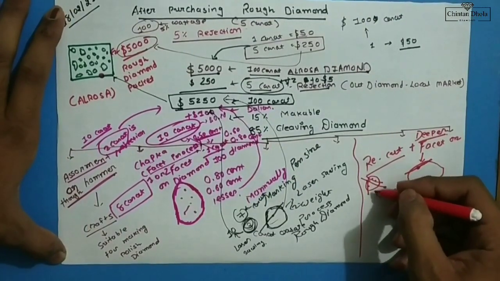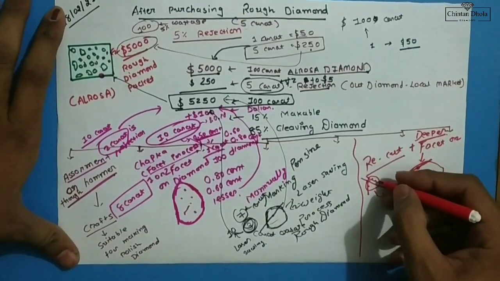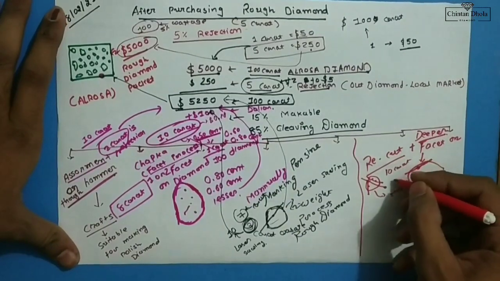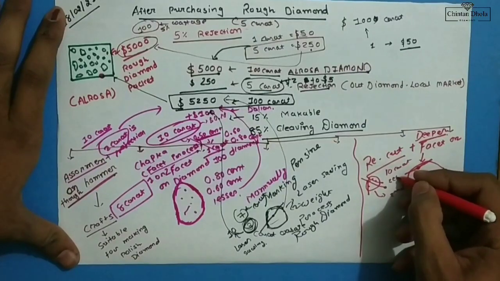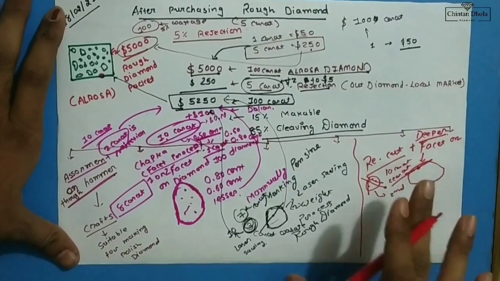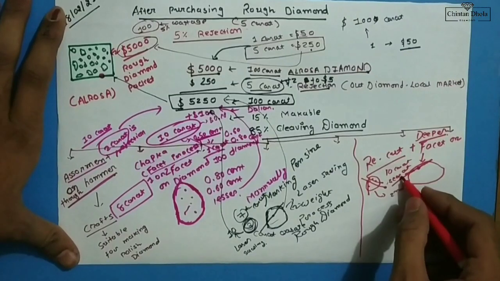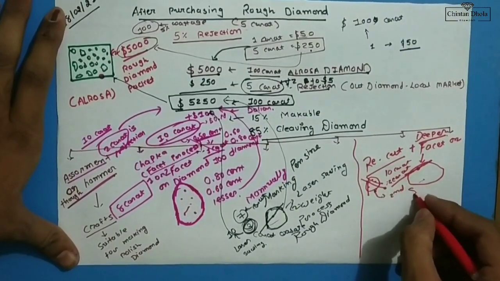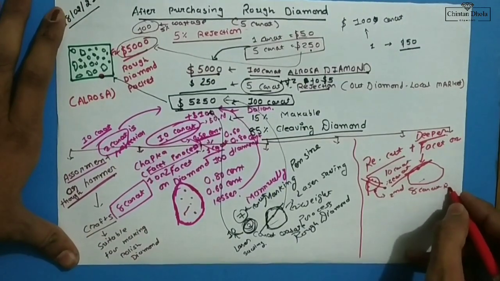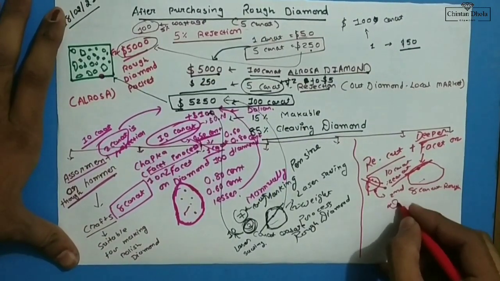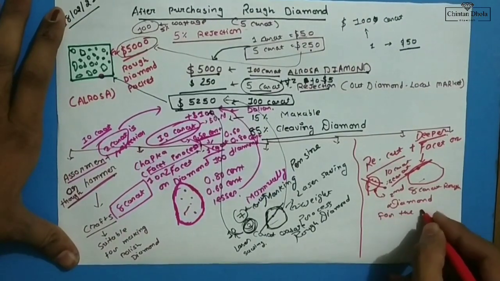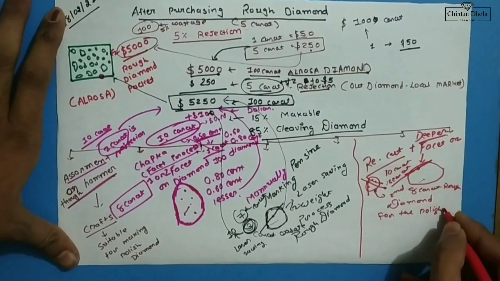After that you get 4 types of diamond, and in these, if you have 10 carat of recut, you get a loss of 2 carat of the rough diamond. Okay, you also get 2 carat weight loss from this rough diamond. So finally you have only 8 carat of rough diamond for the polishing. Okay, this is for the polishing process.